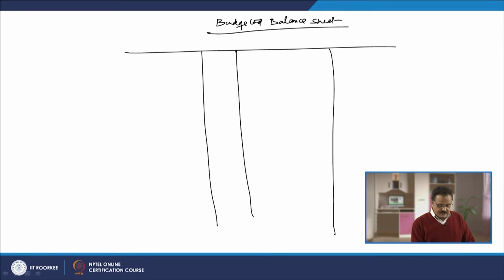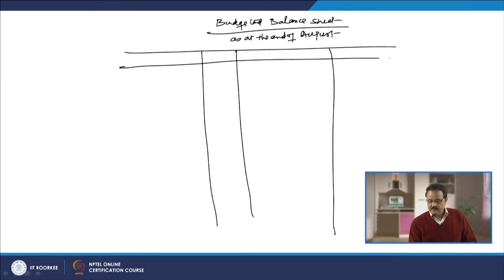The budgeted balance sheet as at the end of August. Now you take two columns. This side is called liabilities and capital, and this is amount. This side is called assets, and this is amount.